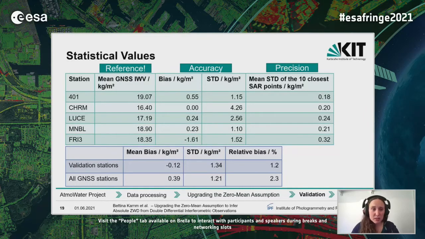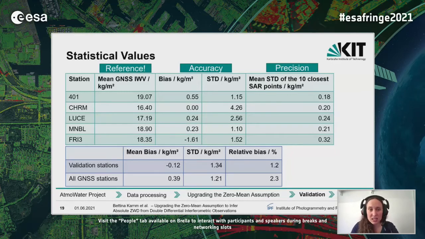So to sum up those statistical values, on the top in green, you see the validation stations with the reference value of the mean GNSS integrated water vapor. It's ranging between 16 and 19 kilograms per square meter. We have a bias per station, where clearly the Fribourg station has a much higher bias than the others, and the CHRM station has a higher standard deviation.